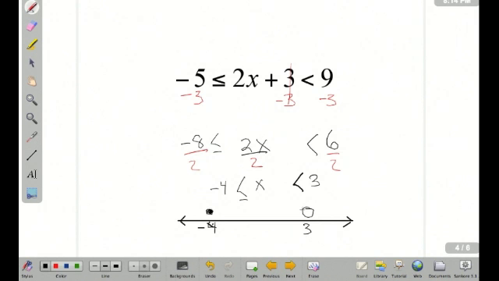X is less than 3, so it's going to run in this direction. And x is greater than or equal to negative 4, it's going to run in this direction. So they run towards each other. Essentially, it can be negative 4, anything to the right, up to 2.99999, but it couldn't be 3.